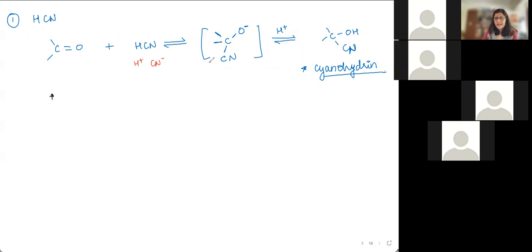So this particular reaction, if you want to make it faster, it can be catalyzed by using a base. Base basically means use OH minus for that, and we don't have to worry about OH minus being added instead of CN minus, because in general CN minus is a stronger nucleophile than OH minus.